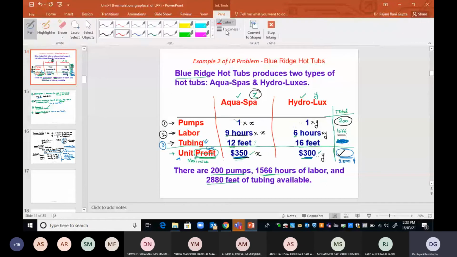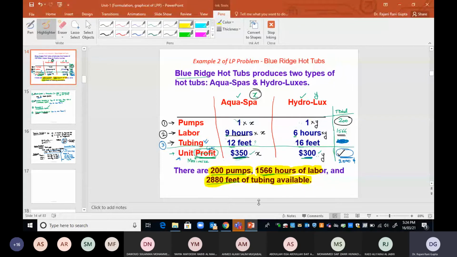Here it is given there are 200 pumps. So this is the restriction. You cannot go beyond this. You have this many labor hours. These are the restrictions. You cannot go beyond it. You have this much tubing available. You cannot go beyond this. So this stands for restriction.